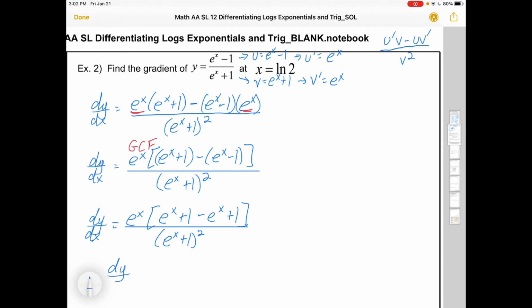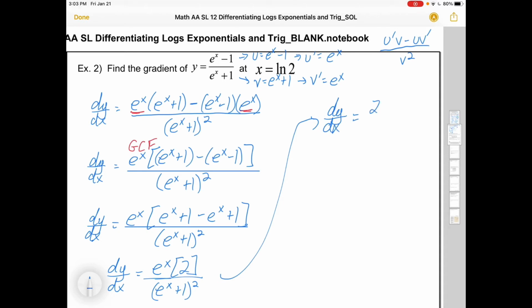So that's going to be e to the x times 2, right? Or dy by dx is 2e to the x all over e to the x plus 1 all squared.